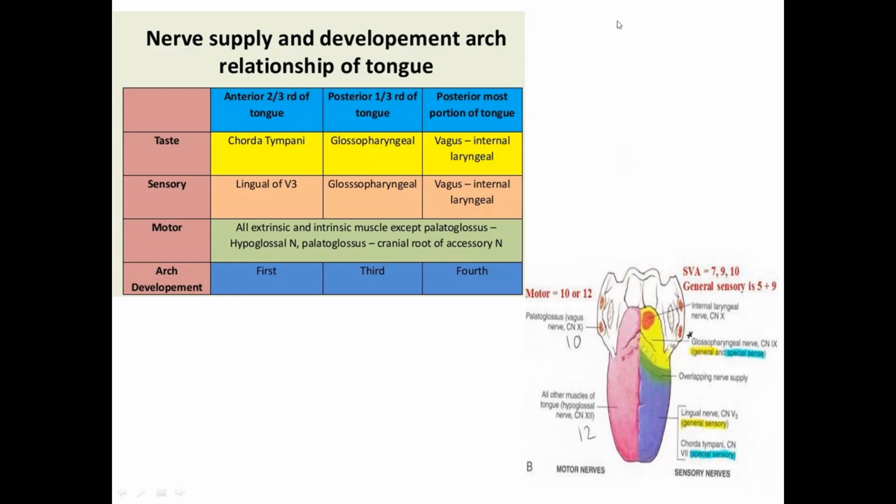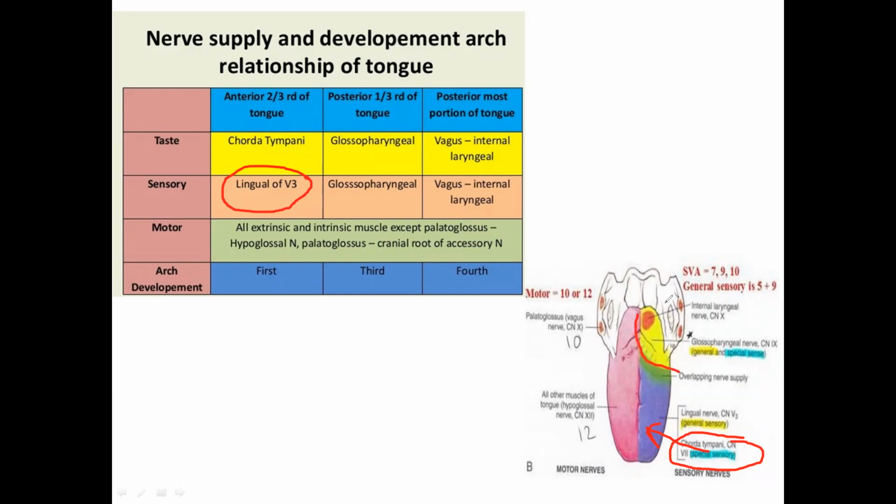The fibers of the facial nerve, chorda tympani, supply the taste to the anterior surface of the tongue. Whereas the lingual nerve, a branch of the mandibular division of the trigeminal nerve, cranial nerve 5, supplies the sensation to the anterior 2/3 of the tongue.